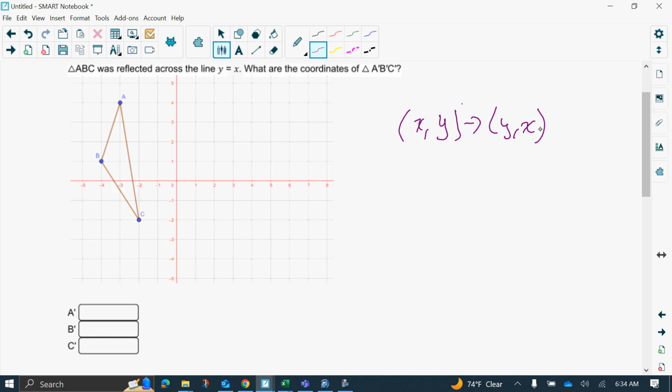We just switch the order. Well, so what are the coordinates of each point? Well, C is at -2, -2. B is at 1, 2, 3, 4, so -4, 1. And this is at 1, 2, 3, 1, 2, 3, 4.